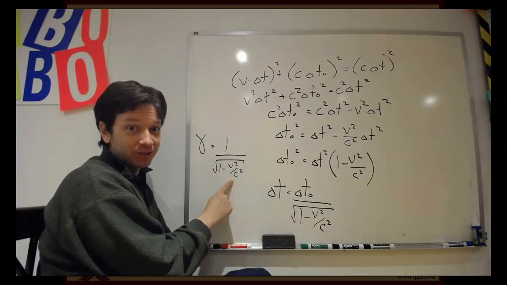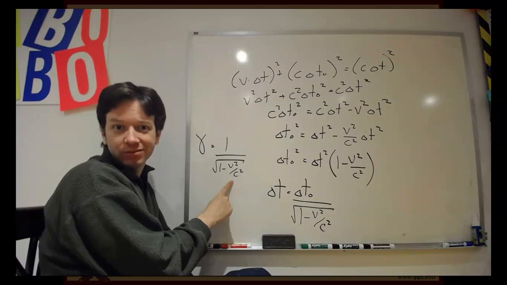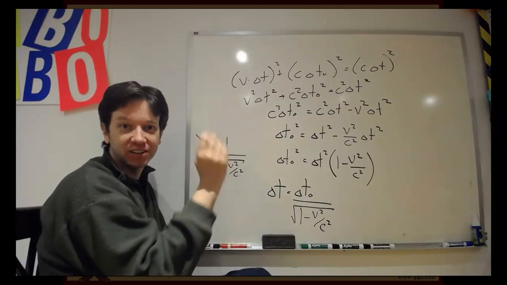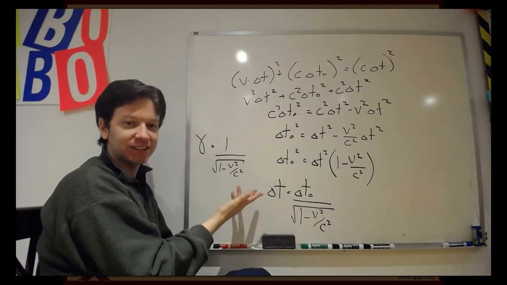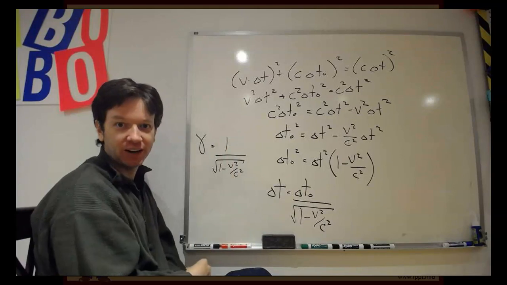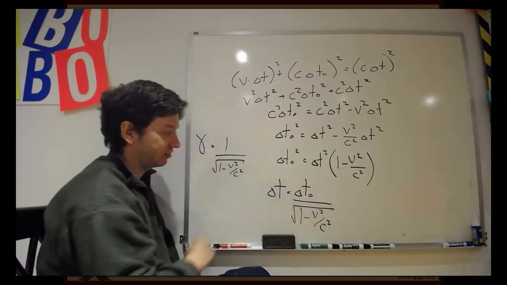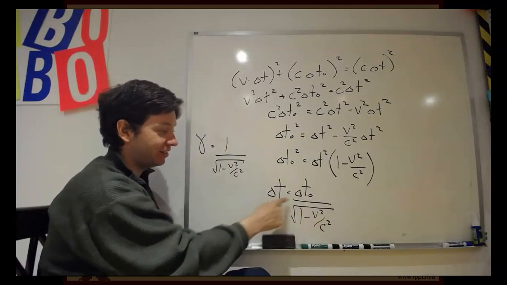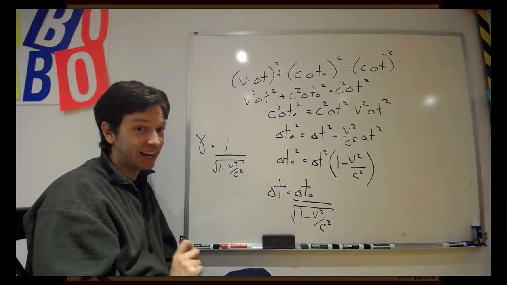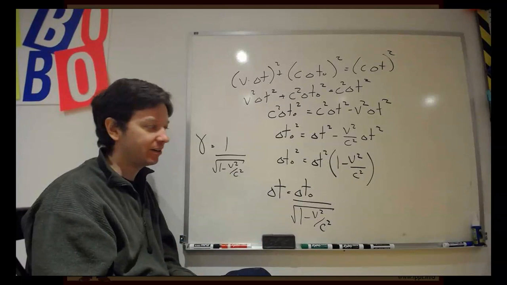Almost zero. Not quite, but almost zero. It's like 0.0000000, and then eventually there'll be a number. And 1 minus that is pretty much just 1, so you get 1 over 1. Okay, great. That whole term is just 1, so you get delta t equals delta t naught. Makes sense. Both observers observed the same time for the same experiment.